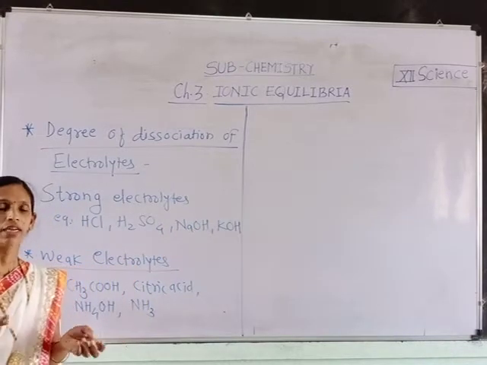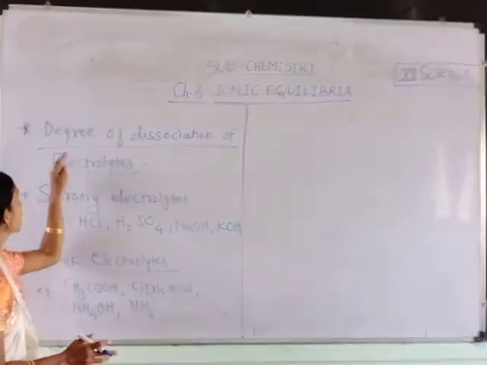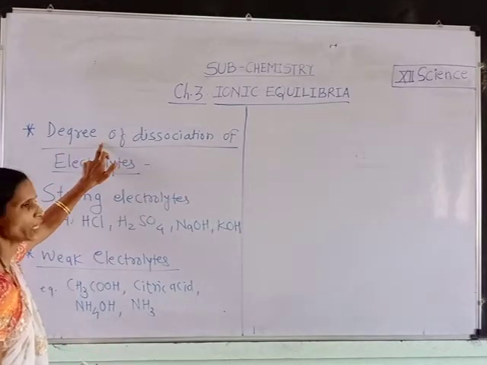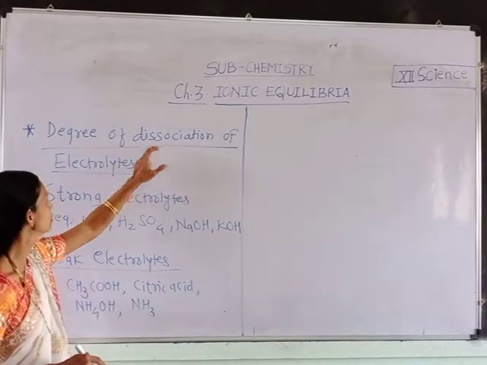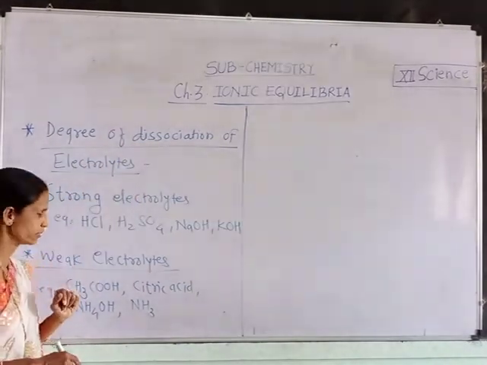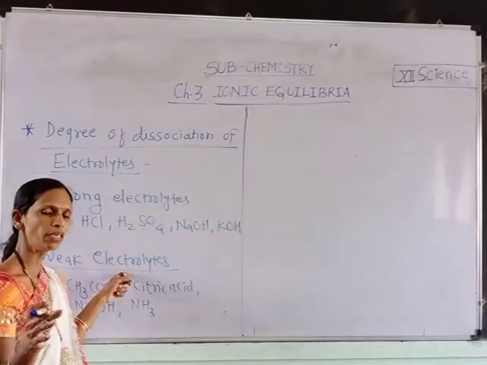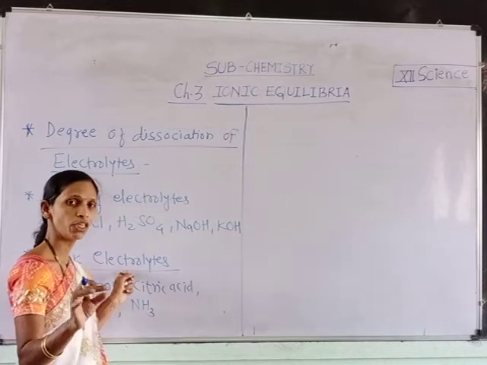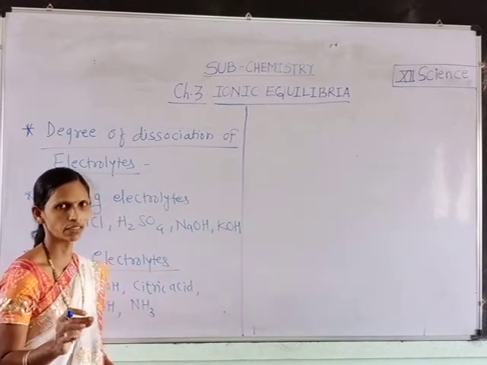The extent of dissociation can be calculated by using one more concept, that is the degree of dissociation of electrolytes. And weak electrolytes dissociate very feebly, that means the extent of dissociation of a weak electrolyte is very less.